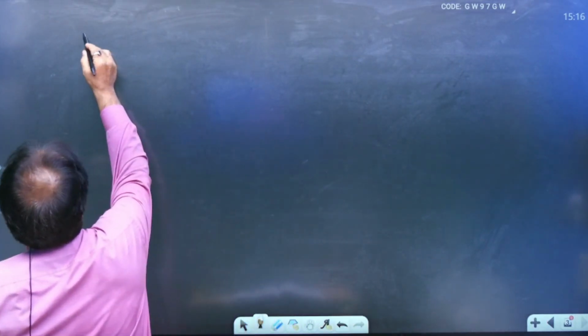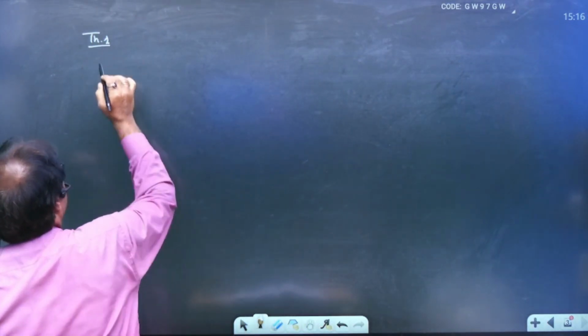Now first we will start with the very first theorem.